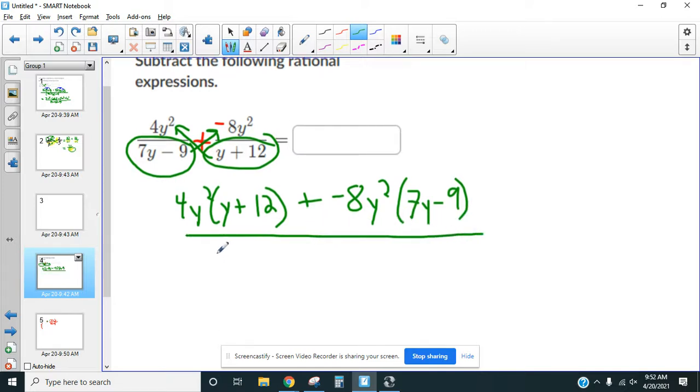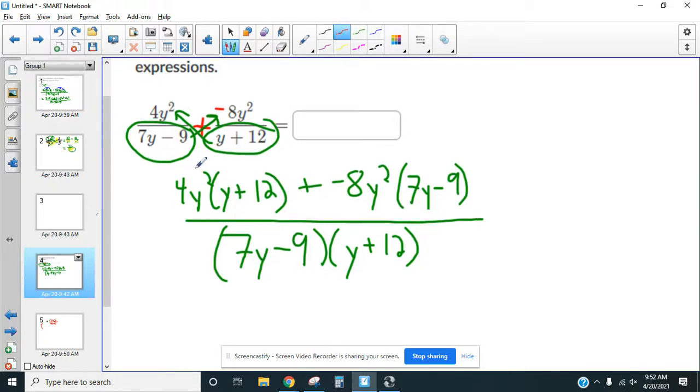All over the two denominators. Let's distribute. Are you ready? I'm going to do it over here. Denominator's the same.